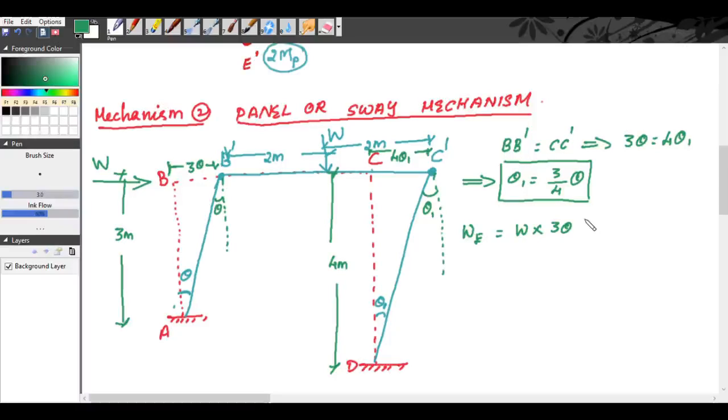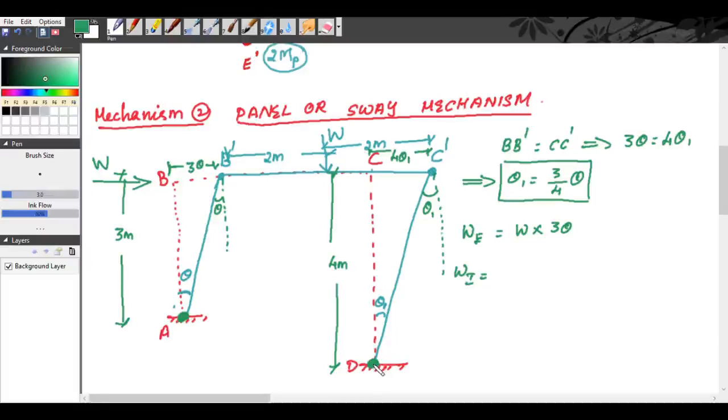Now we will take internal work done. We know internal work done is equal to plastic moment into rotation. So, okay, I forgot to tell this. See, there will be a plastic hinge at A, plastic hinge at D, at B and C for sway mechanism, right?